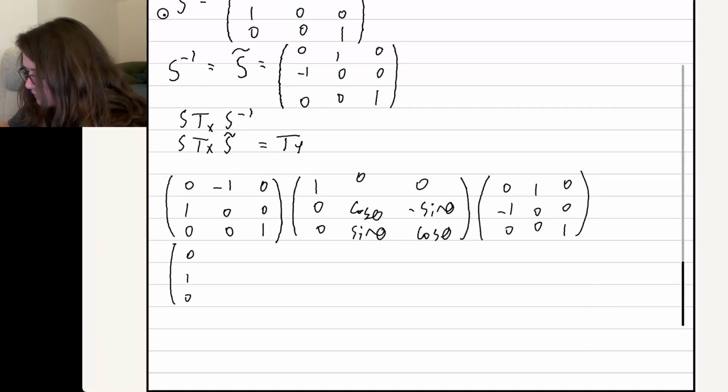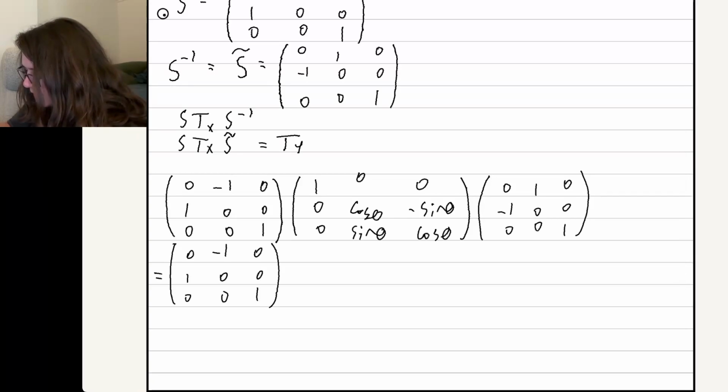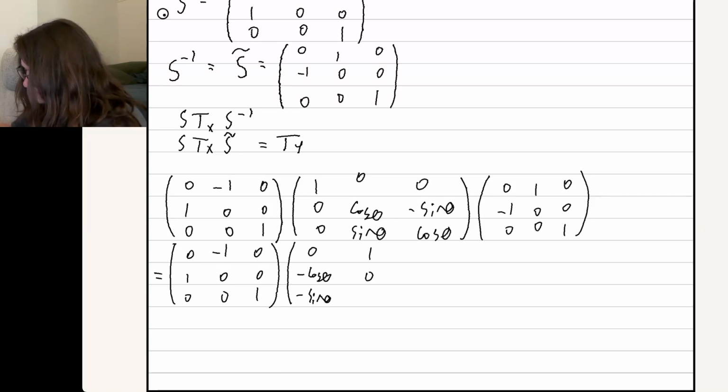So just doing the last couple of matrices, multiplying those together, you get 1, 0, 0, 0, minus cosine theta, minus sine theta, 1, 0, 0, 0, minus sine theta, and cosine theta here.